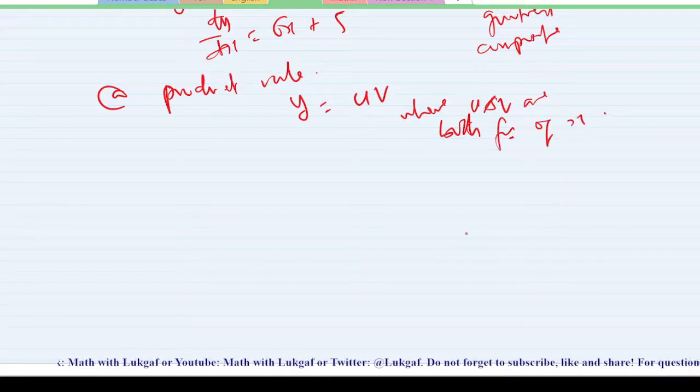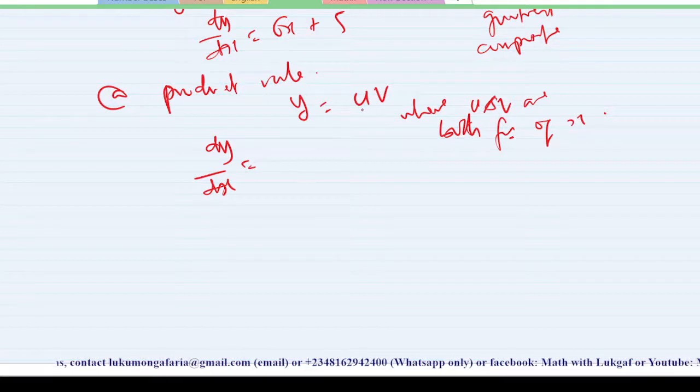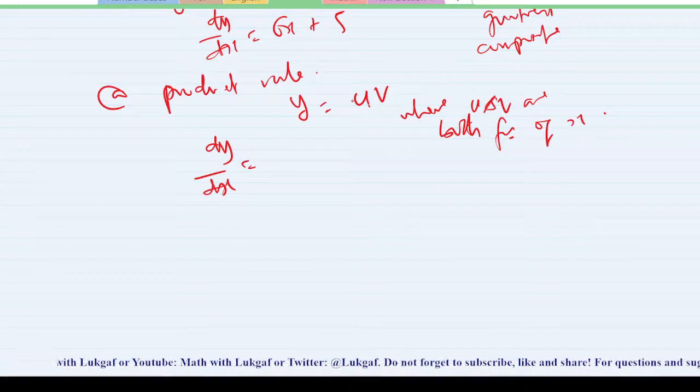So when you have this kind of function, whereby the relationship between u and v is a product, that is multiplication, then your dy dx, don't stress yourself, is going to be differentiate the first function, leave the second as it is, plus differentiating the second, leaving the first as it is.